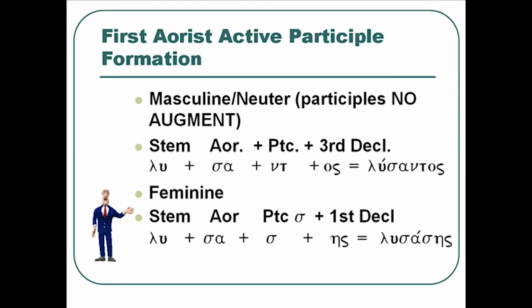It takes another sigma, and then our first declension eis endings for the genitive singular. So it's lusaises, and that's the genitive singular for the feminine. So fairly easily formed, and our next slide will show the paradigm for the first aorist participle.